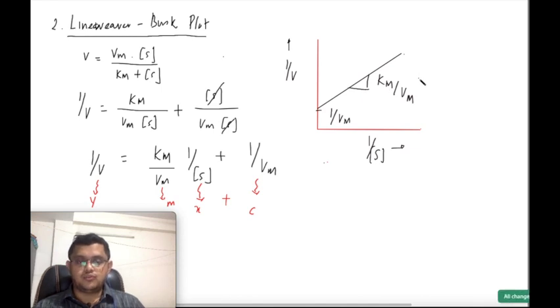So this is the most widely used method when you calculate the Km and Vm. By drawing this graph, you can very well calculate the Km and Vm. So this is the second method.